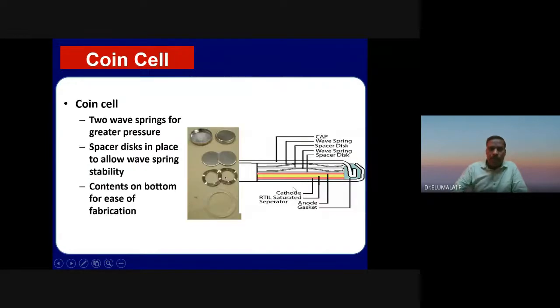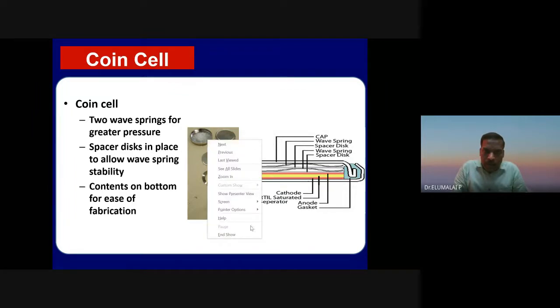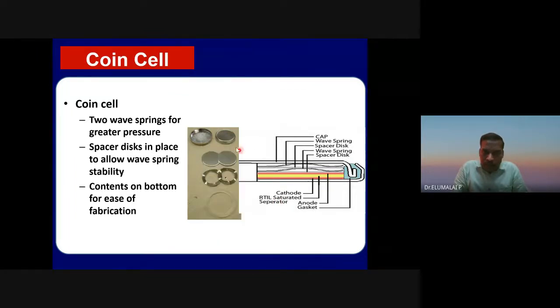What is inside? These are inside. There is a bottom case, there is a top case, there are 2 spacers, and this is to avoid the short circuit between the top case and the bottom case.